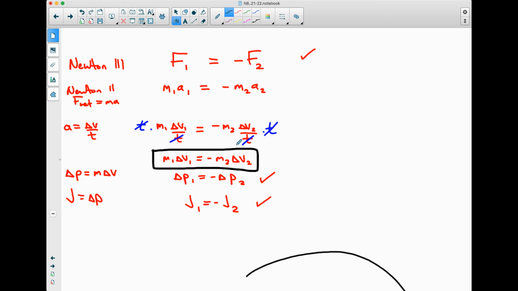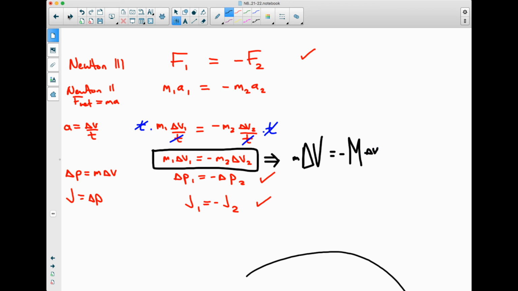It's from this one right here. If we rewrite this one the same way that we rewrote the ma's when we did the medicine ball throw, you would say the little mass will have a big change in velocity, whereas the big mass will have a little change in velocity.